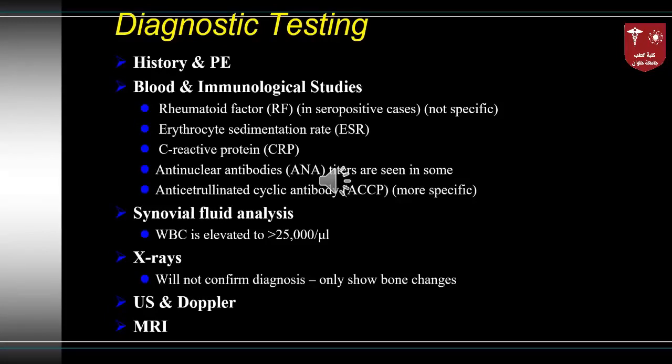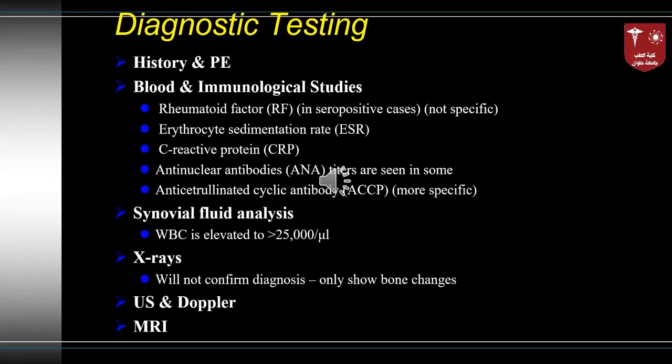The process of aspiration of some synovial fluid from the joint is called arthrocentesis. We can analyze the synovial fluid to find a high count of white blood cells, usually more than 20 to 25,000 per microliter.